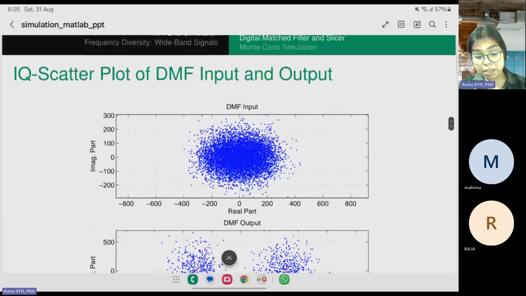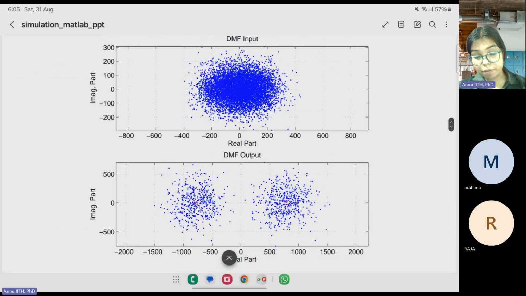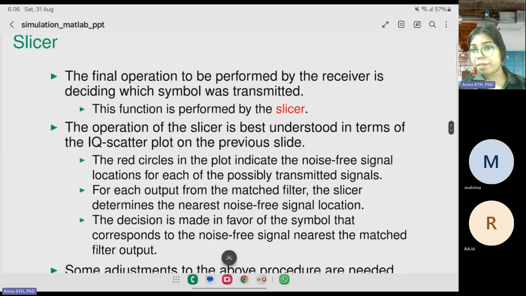And if we see the IQ scatter plot of the DMF input and output, you can see we have separated the real part as well as the imaginary part. You can see this is the imaginary part, input and output. The noise content has been gradually reduced. So now, as we know, we have to downsample it.